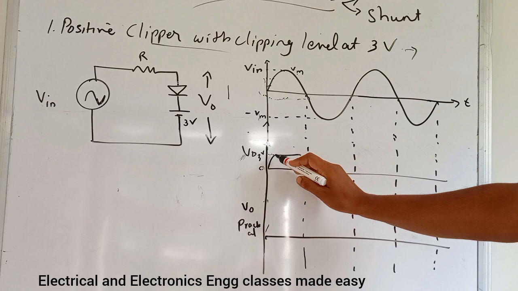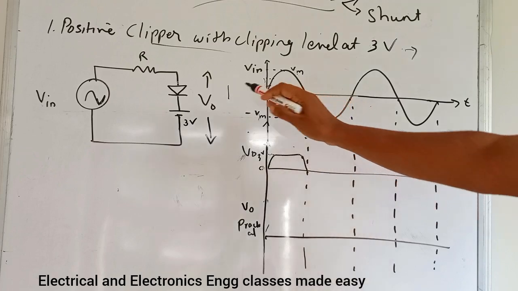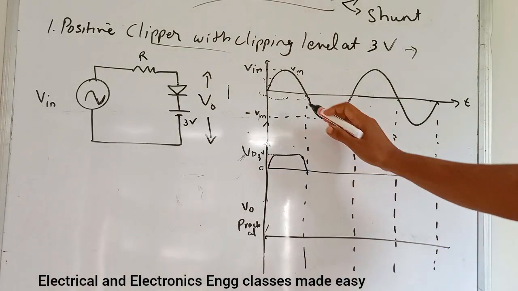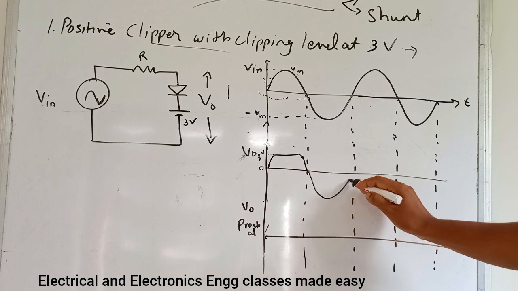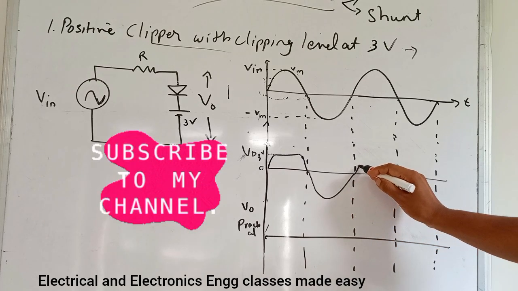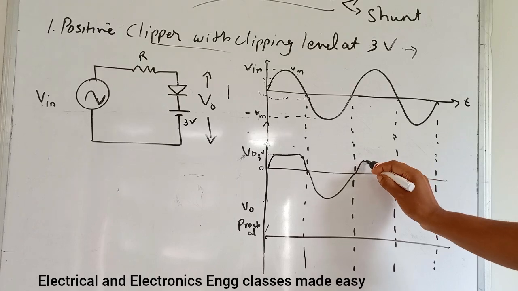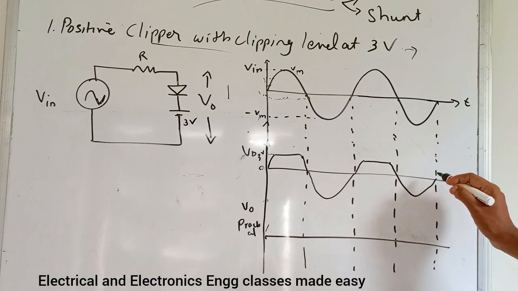So we will get an output waveform like this. So up to this 3 volt. Then during the negative half cycle, it will be in reverse biased condition. Hence, we will get the output like this. Again, up to this 3 volt, it will not be conducting. So, we will get the output waveform like this.